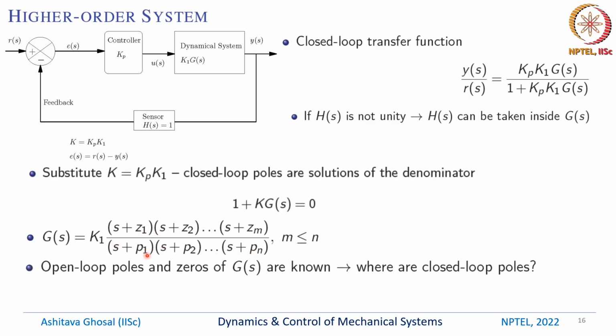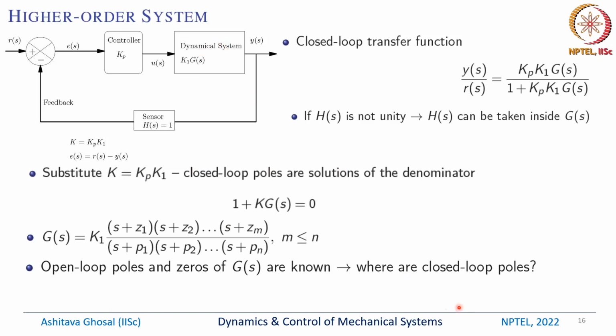So we know the open loop poles and the zeros of G(s). So we know what are the values of z1, z2 all the way till zm and p1, p2 all the way till pn. Okay, so we know the solutions of the numerator and denominator polynomials for G(s) for this open loop transfer function.